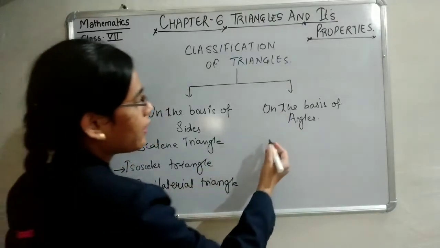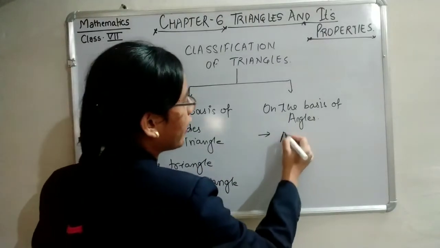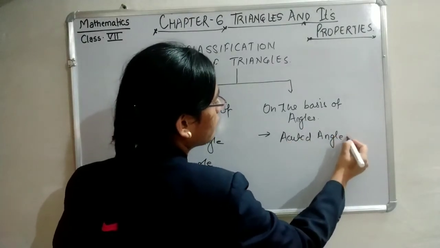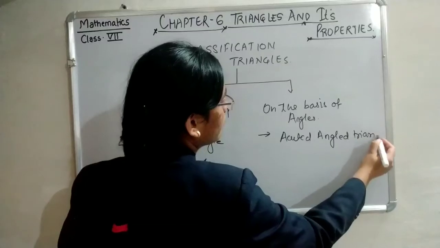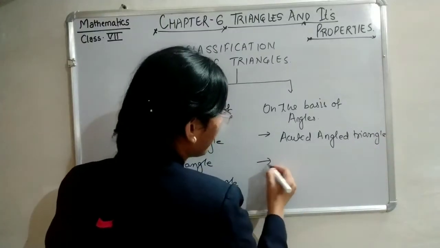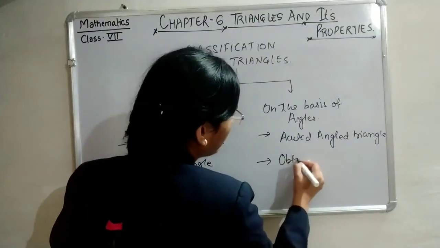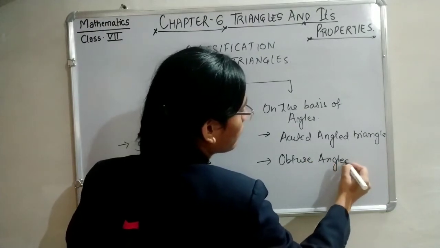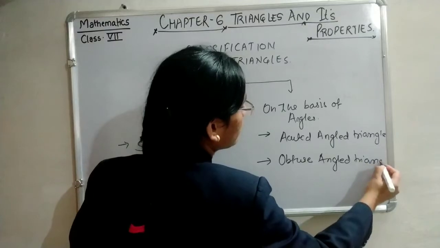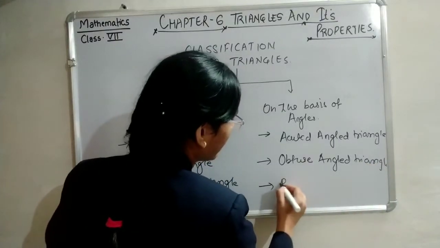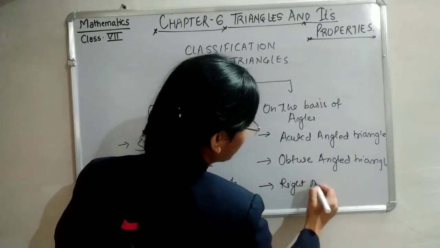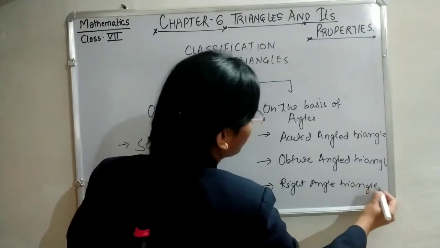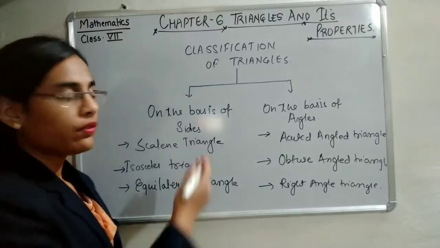The second classification, on the basis of the angles, gives acute angle triangle, obtuse angle triangle, and right angle triangle. We will see all of them in detail.